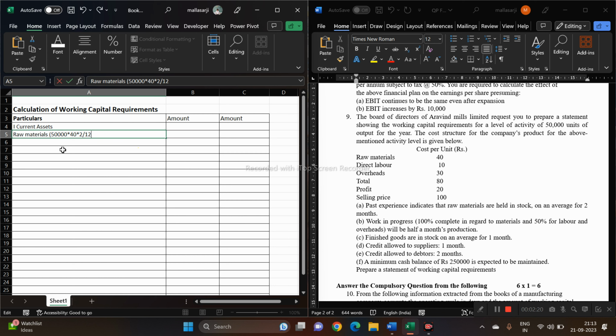So 50,000 units manufactured, cost per unit is 40 rupees, raw materials are kept under storage 2 months, and in a year 12 months. So equal to 50,000 into 40 into 2. I'll put a bracket here so you do not get any confusion.